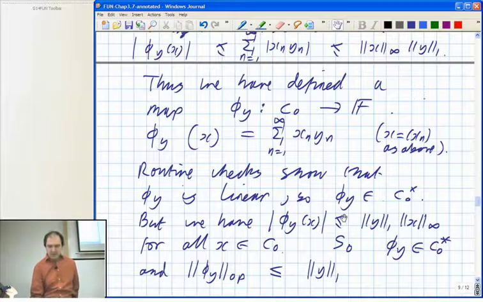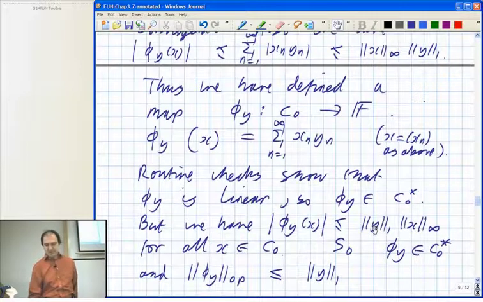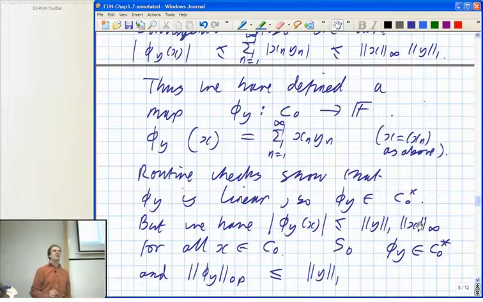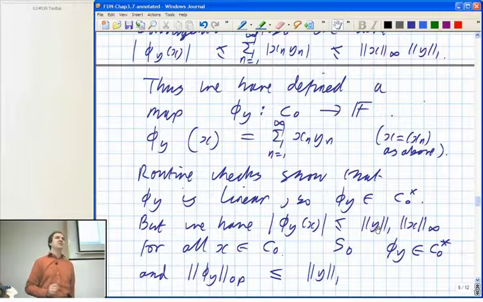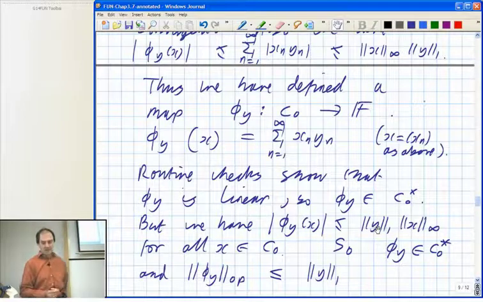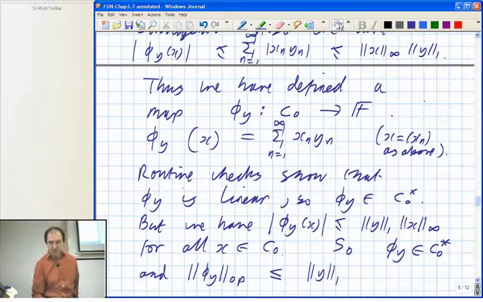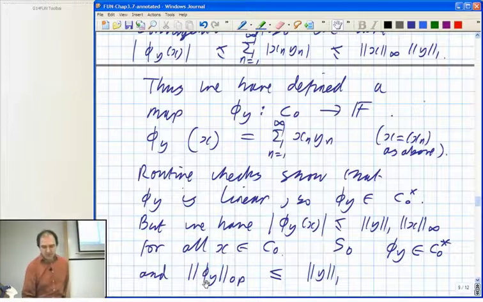You see, we've shown that the norm of the image is less than or equal to a constant. Remember, y is fixed at the moment. The norm of the image is less than or equal to a constant times the norm of the original. X is the thing that's being acted on here. The constant involved is the one norm of y, which is being fixed at the moment. So what we've done is we've shown for each y, we've picked out a bounded linear functional phi y whose operator norm is no more than the norm of y.